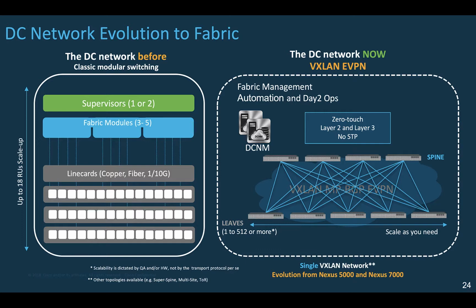So just pick the model that matches your need, add it into your fabric, and DCNM will automatically discover it, deploy it, and manage it centrally. This way, your fabric can scale to hundreds or even thousands of switches with multi-site. So you can start small and add leaf nodes as you need without impacting your oversubscription ratio. So any enterprise can benefit from it.